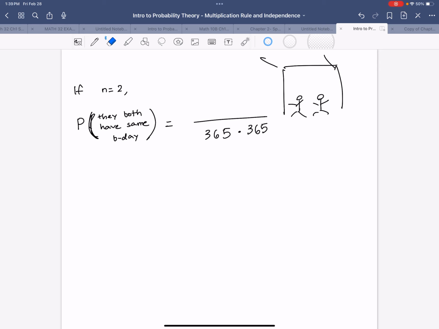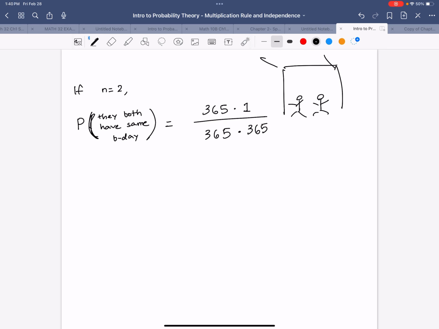Now, how many different ways can they have the same birthday? Well, the first person, 365 ways, but once we know the first person's birthday, then the second person needs to have the same birthday. So our numerator is actually going to be 365 times 1. Okay, so let's go over this again.